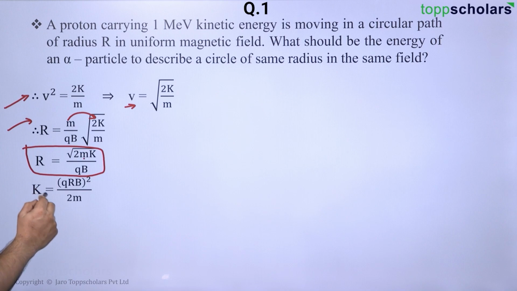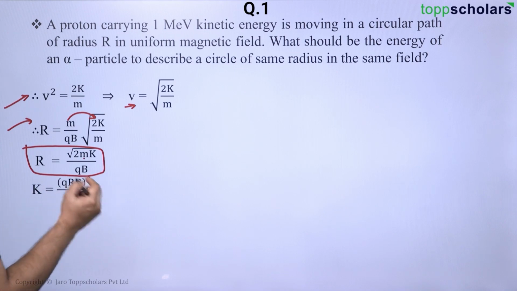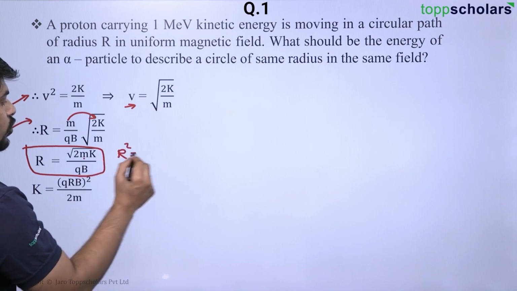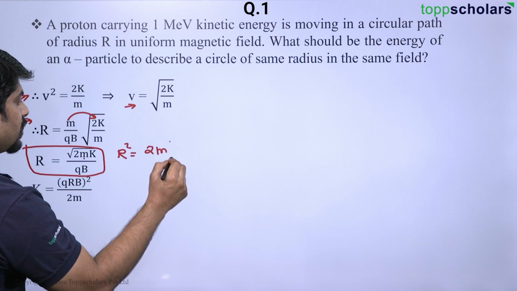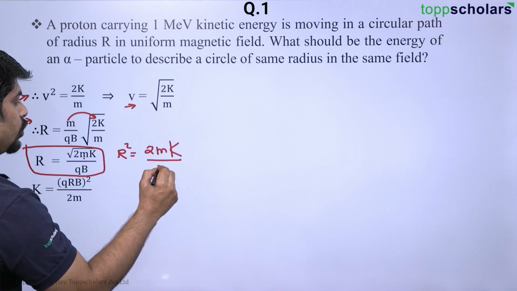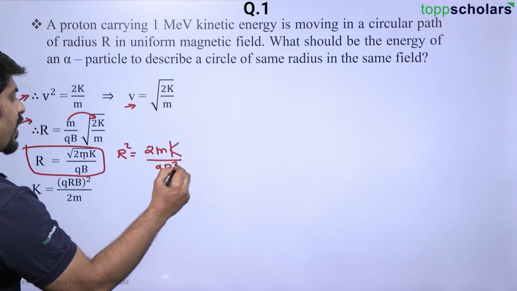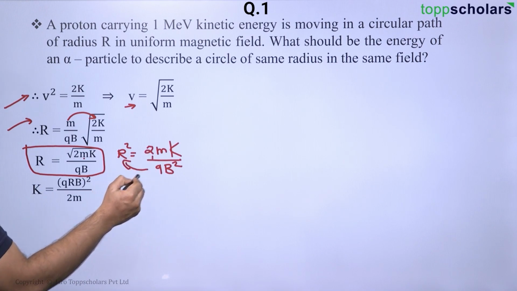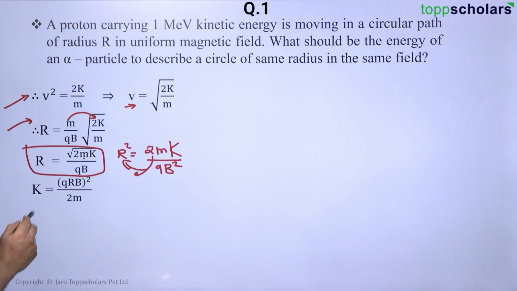After squaring, what we get is k equal to qrB whole squared upon 2m. We have squared it: r squared equal to 2mk upon qB whole squared, and we have taken this on the other side, then taken this 2m on the other side in the denominator, and what we get is the value of k, that is the kinetic energy.